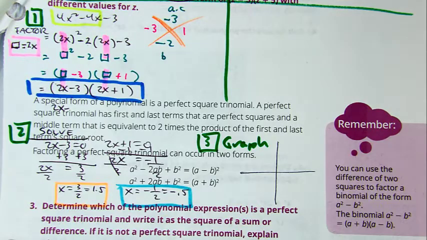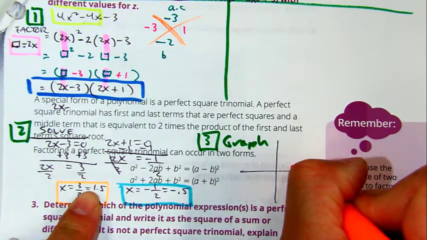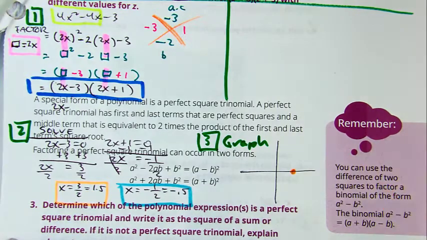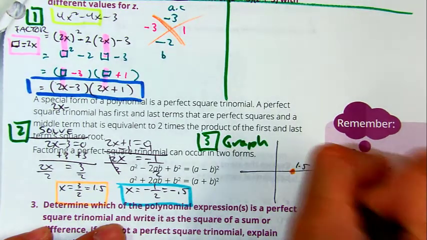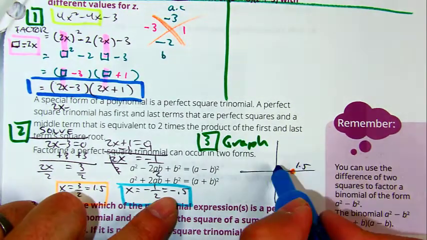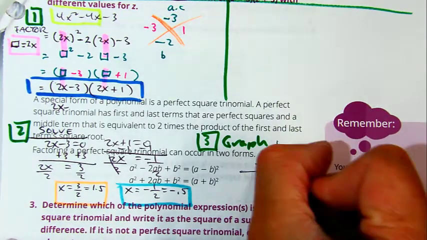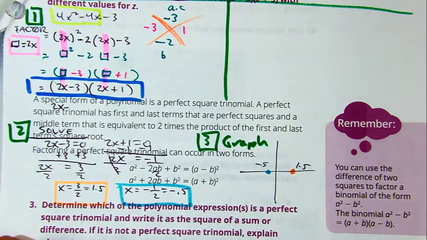I have 1.5, that's on the positive side. I have negative 0.5, it is on the negative side. I have a y-intercept of negative 3.